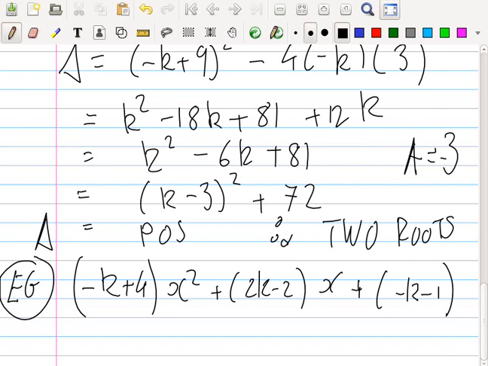I tell you that this quadratic has 1 root. So if it has 1 root, what can we say about the discriminant? Yeah, that the discriminant should equal 0. And my question is, find the k.